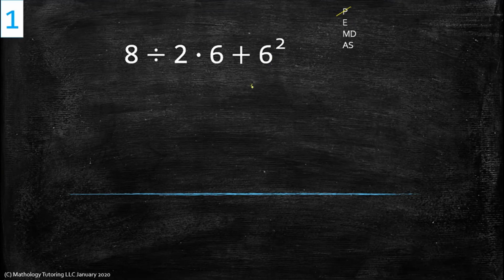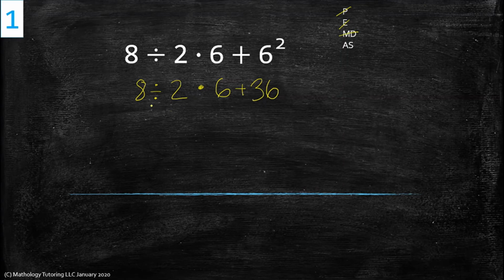6 squared is 36. So I'm going to bring everything else down. I'm going to bring down the 8. I'm going to bring down the division sign, the 2, the times 6, and the plus sign. Then, I don't have any parentheses, I don't have any exponents in this example, but I do have multiplication and division. So I'm going to do whichever one comes first.